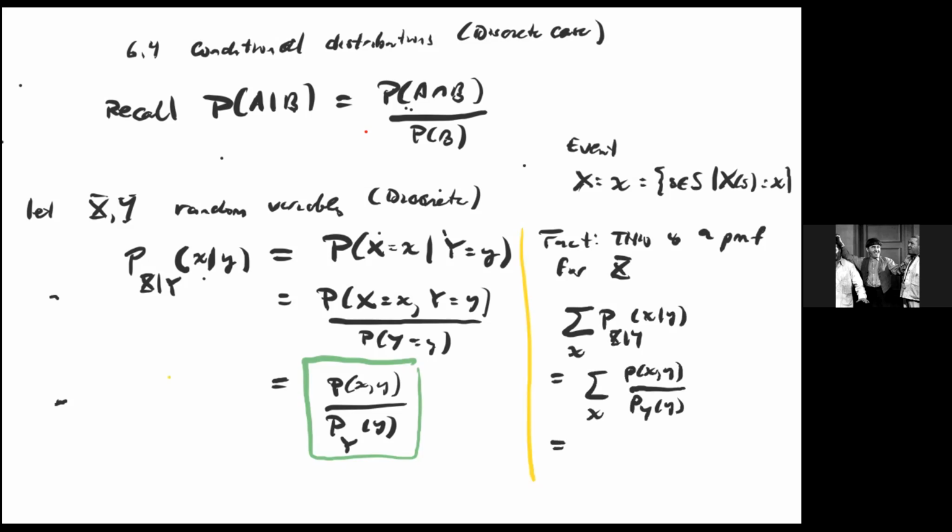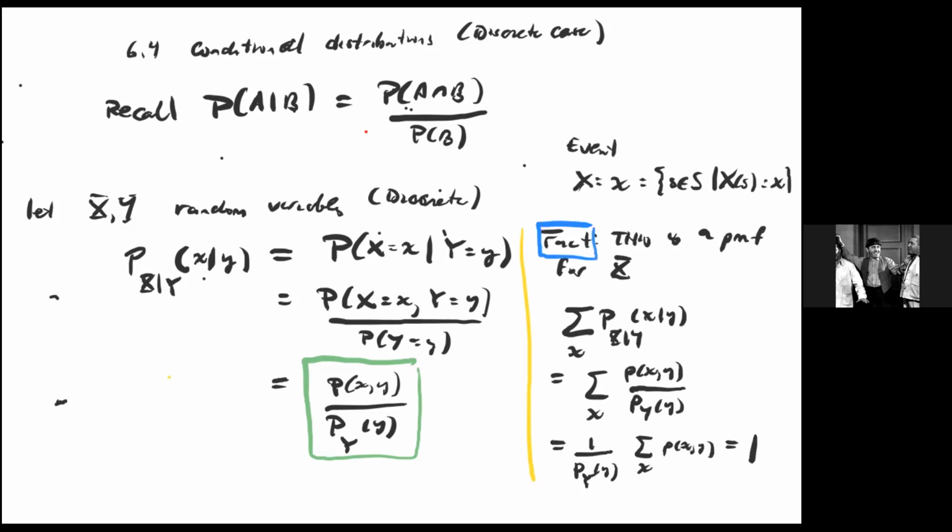And since the denominator doesn't depend upon x, it comes out, and we get the sum over x of p_XY. Now the sum over x of p_XY of the joint distribution is the definition of the marginal distribution of Y, so it equals 1. So that's why the fact holds.